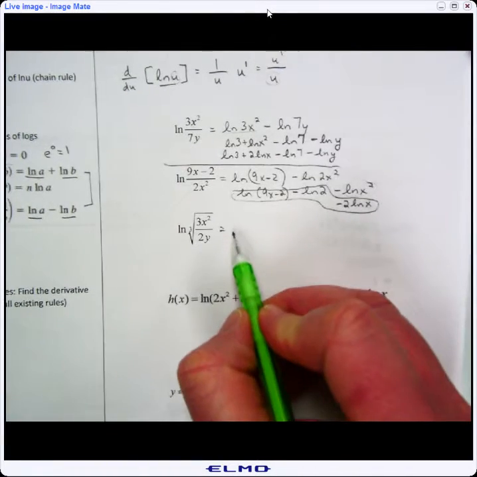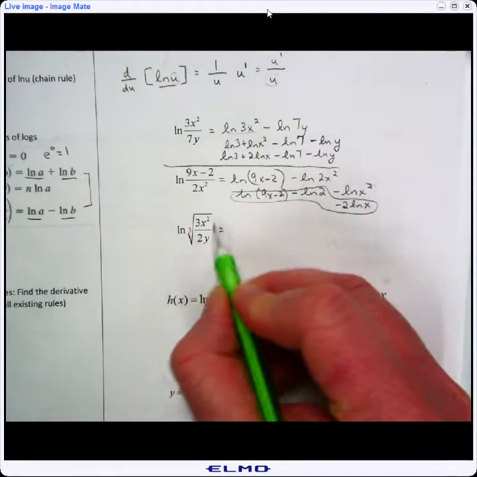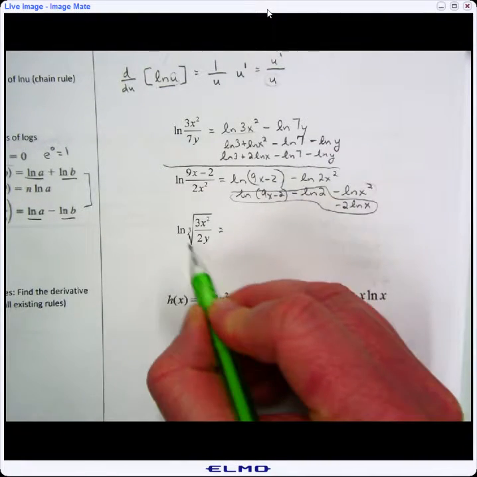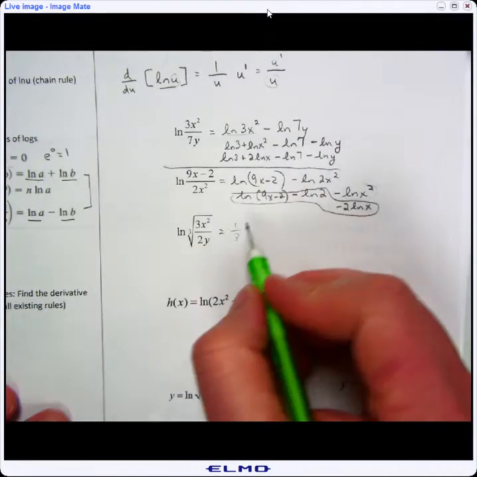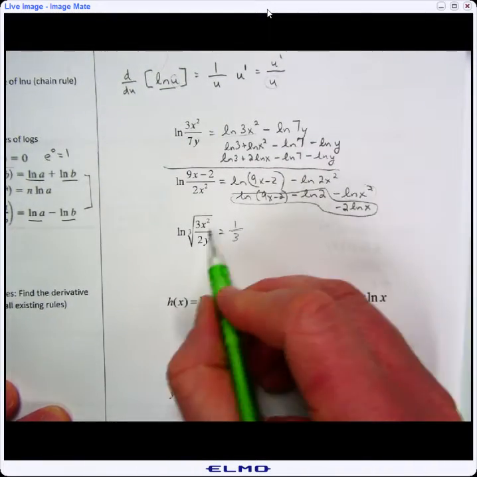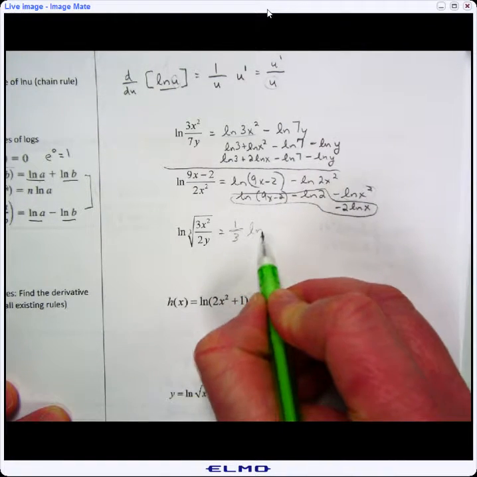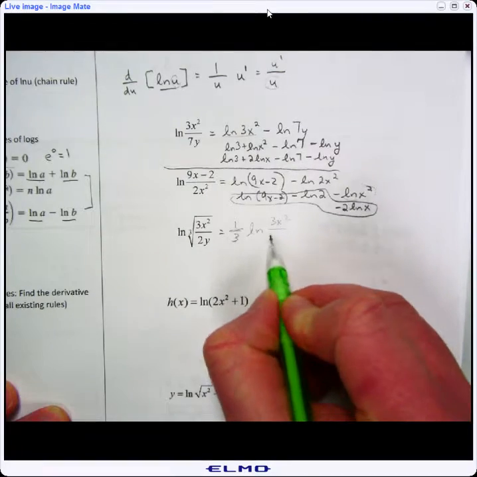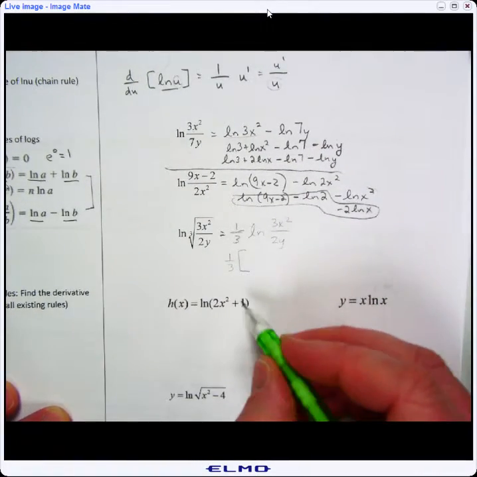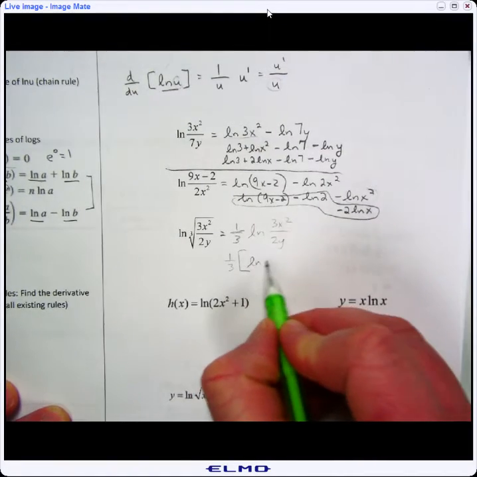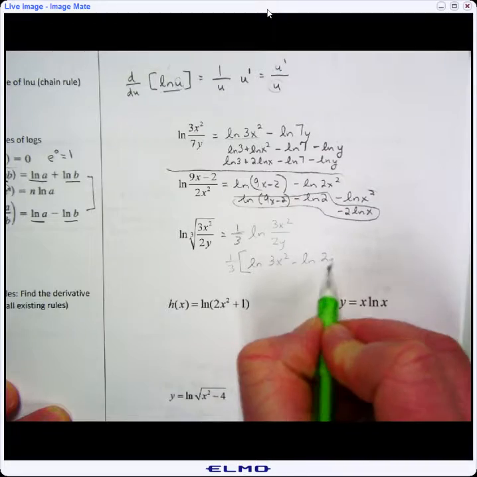Okay, I'm going to go ahead and do the last one here. Start out with, this is the exponent 1/3, so rewrite as 1/3. And then we're going to write natural log 3x squared over 2y, which you can split into natural log 3x squared minus natural log 2y.